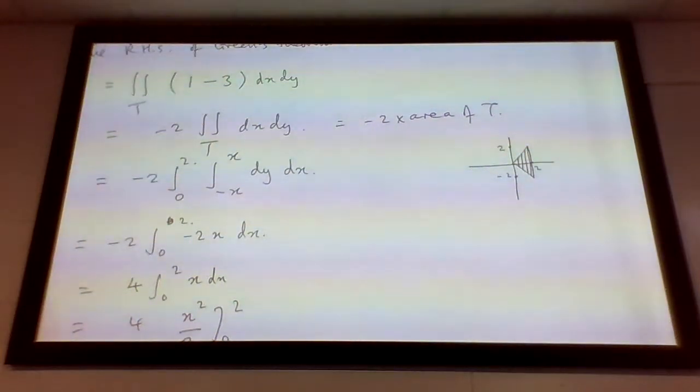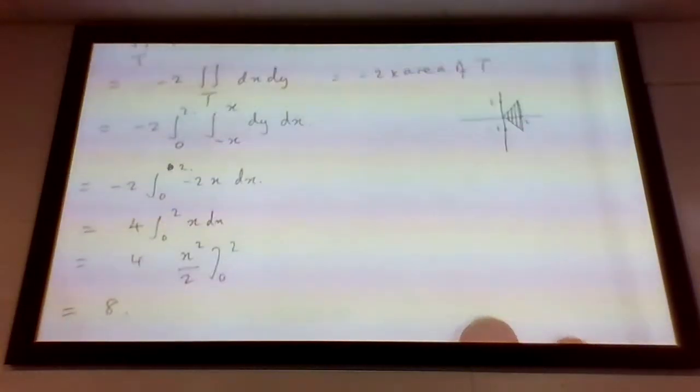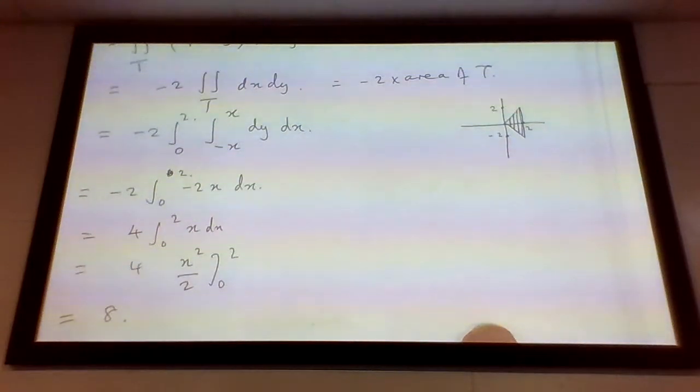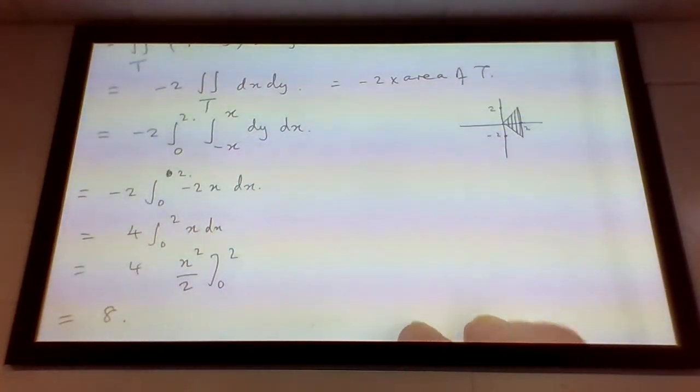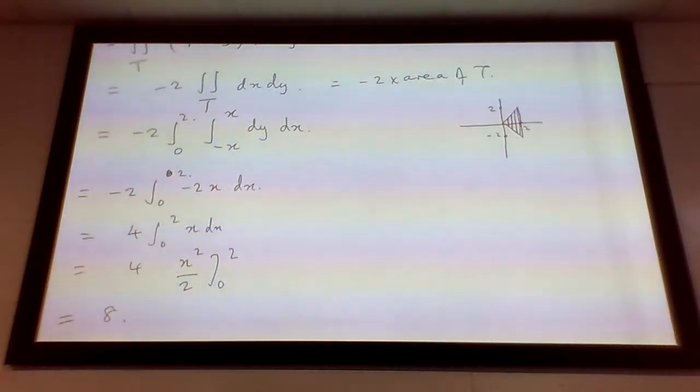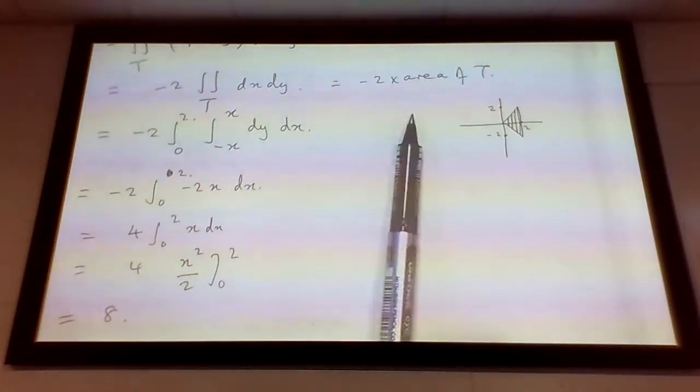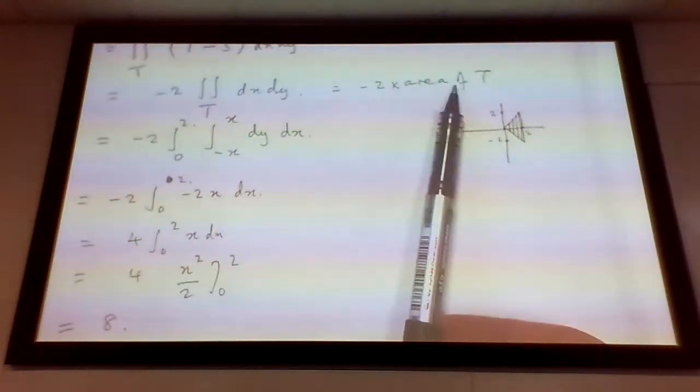8. Oh, that's a bit weird. How could that be minus 2 times the area? Something's gone wrong there. Where's my minus sign gone? I seem to have decided it was minus 2 times an area there.